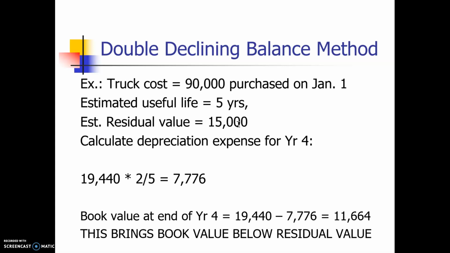The book value cannot go below the 15,000 residual value. So when we get to the point where using the formula will bring the book value below residual value, or in the very last year, if it hasn't happened sooner, we need to force depreciation expense.